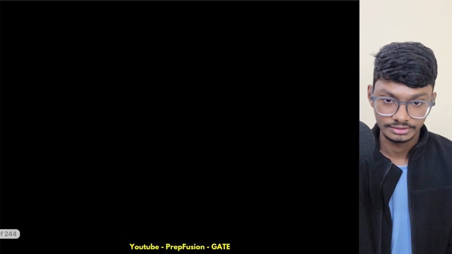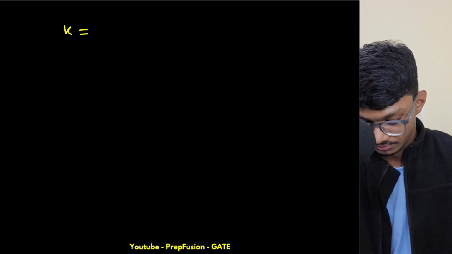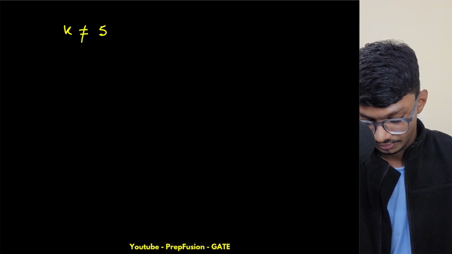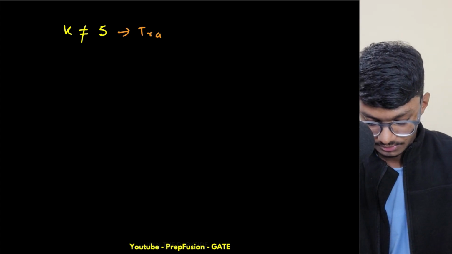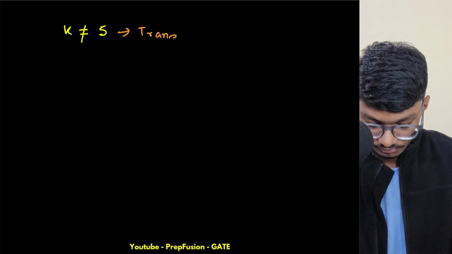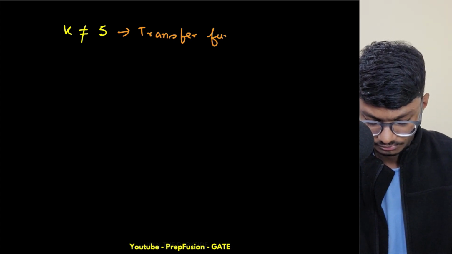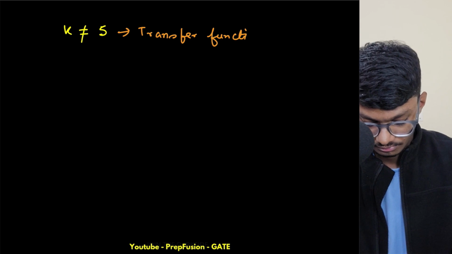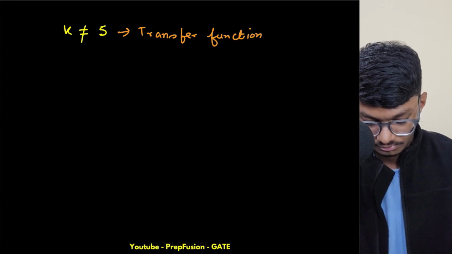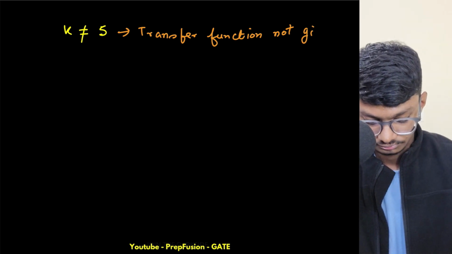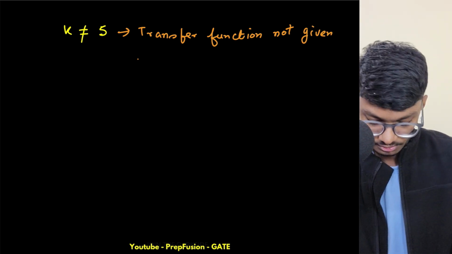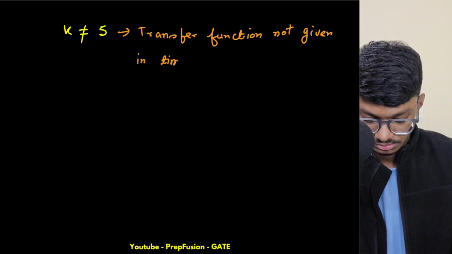So the first thing you should keep in mind is that K is this constant gain term, and K is not equal to 5. Why? Because the transfer function is not given in time constant format.